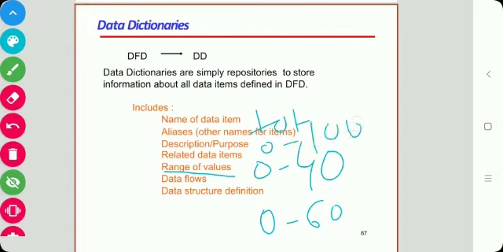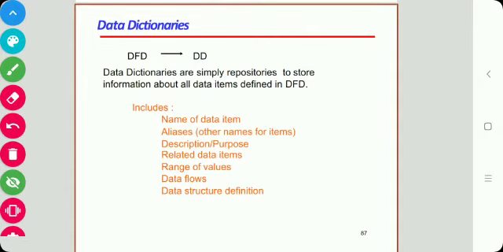Next is data structure definition. Basically there are two types of data items, primitive and aggregated. If the data item is primitive, then the data structure definition captures the physical structure of the data item.